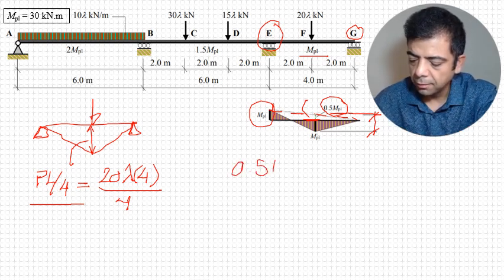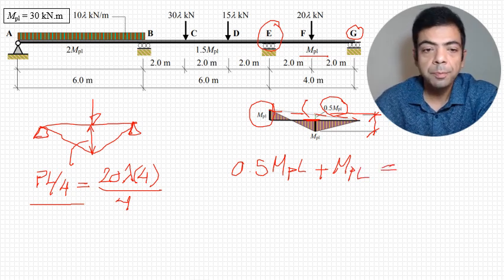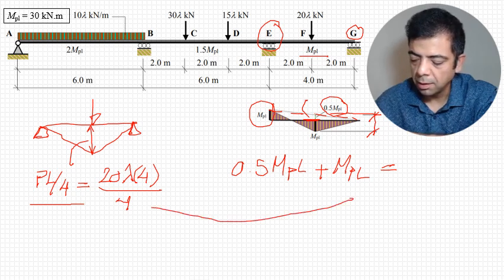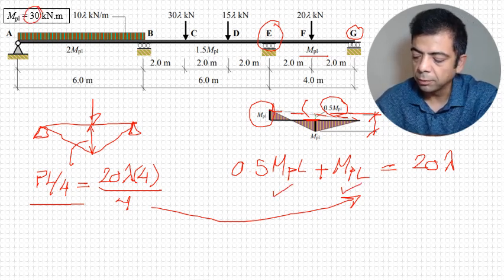0.5 M plastic plus 1 M plastic. This has to equal PL over 4, so it's going to be that magnitude, which is 20 lambda. We know that M plastic is 30, so we figured out those sides.